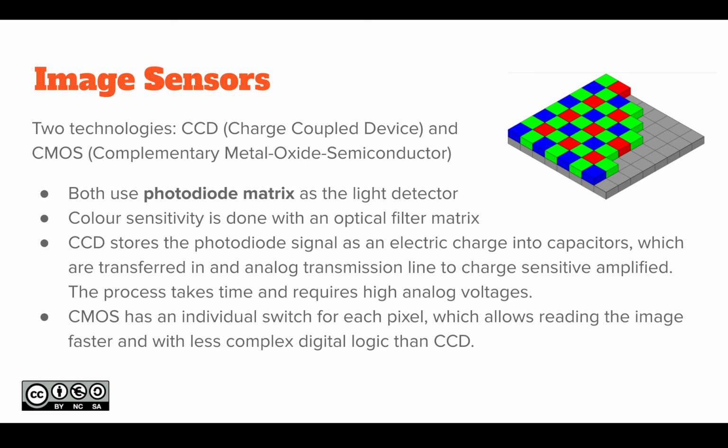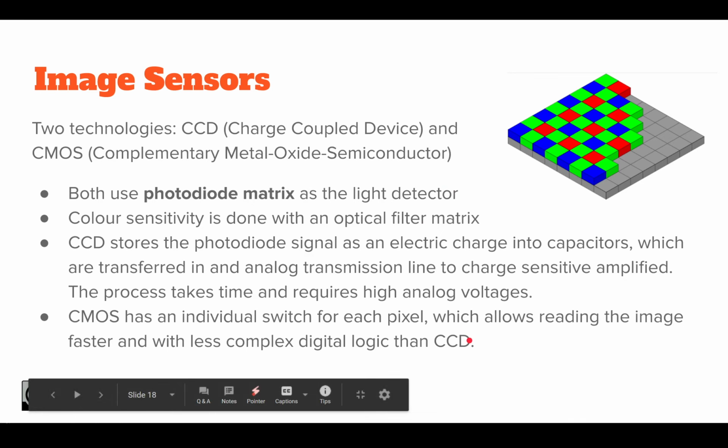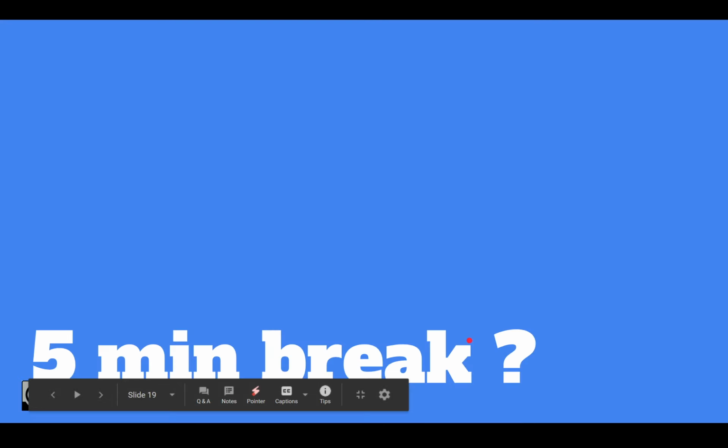Usually in such a way that you have more green filters, you have a bit better sensitivity for the green color, which is the dominant color in nature, for example, in summertime. Okay, good. So that's the image sensor.